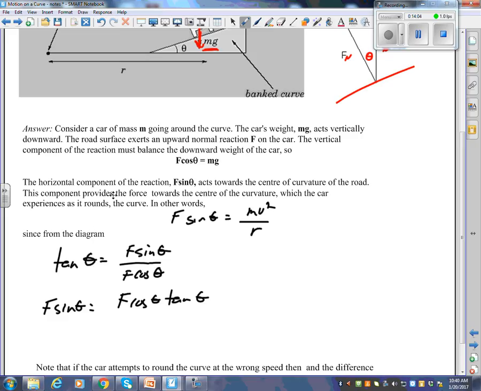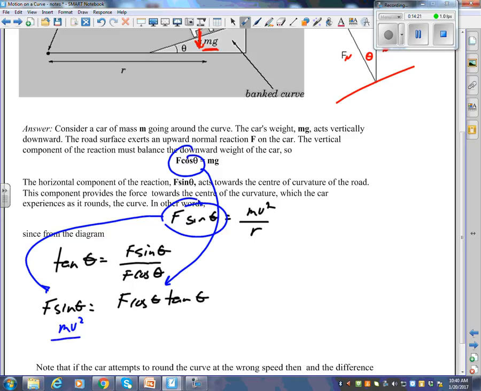But this guy here is equal to mg, right? And F sine theta goes there, right? So I'm going to write over here mv squared over r. And here I'm going to write mg tan theta.